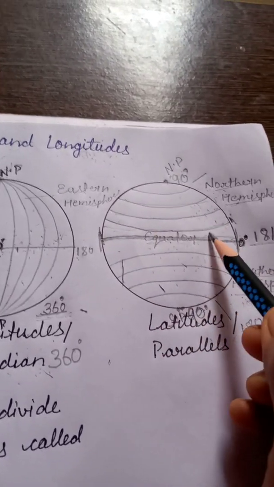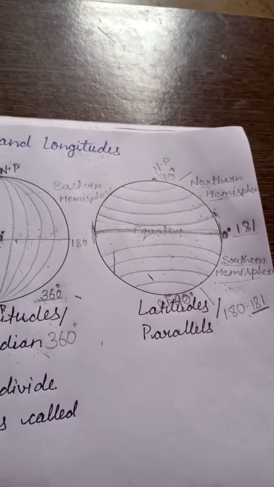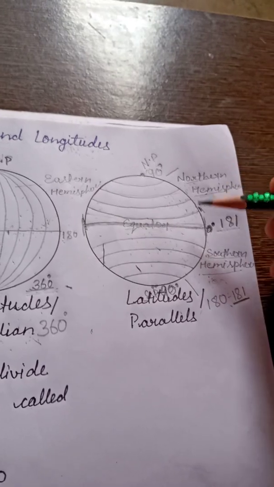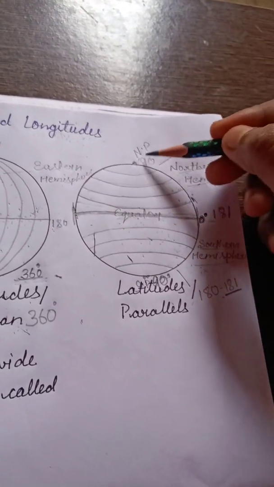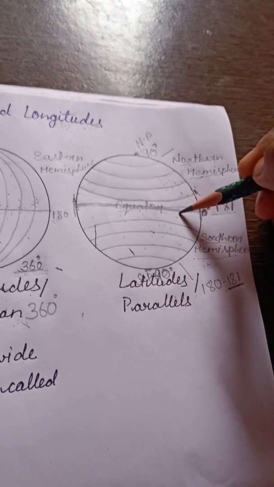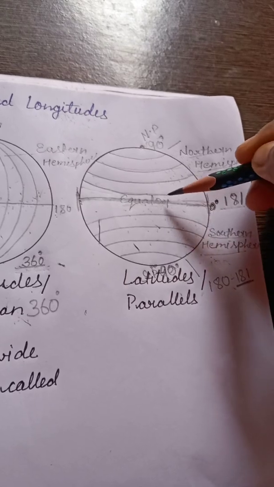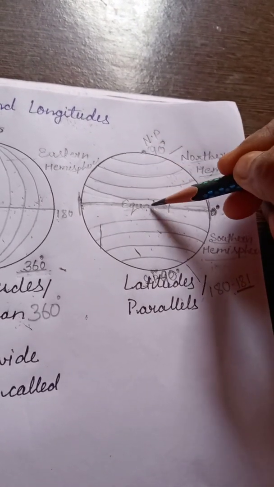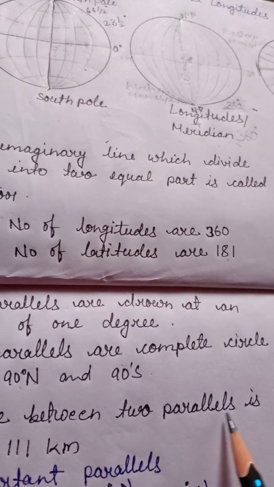We can see one side of the globe here, but when you see the globe, all the latitudinal lines are found in the form of circles, and when you go from the equator to the pole, the circle becomes shorter. The equator is the great circle of the earth, and then it gradually becomes smaller as you go from the equator to the pole.